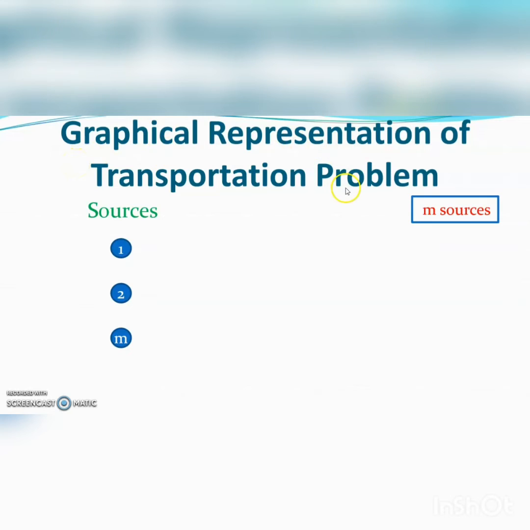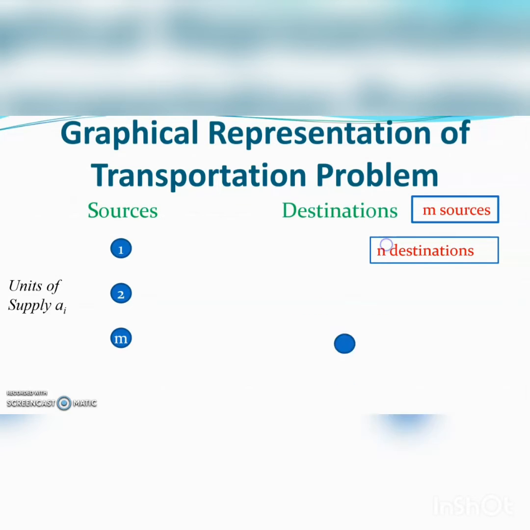Now let there be N destinations, that is outlets. These destinations are denoted by D1, D2, D3, up to Dn, or simply by 1, 2, 3 up to N. Let B1, B2, B3 up to Bn be the demands of the destinations.